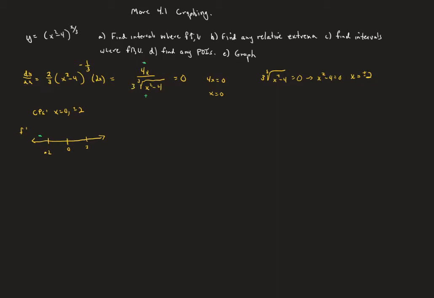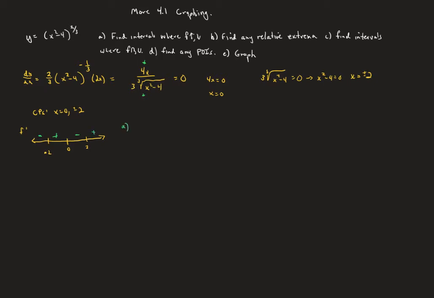Negative 1 squared minus 4 is negative 3, and the cube root of a negative is negative, so the denominator is negative. A negative over a negative makes the derivative positive. Plugging in positive 1 makes the numerator positive but the denominator remains negative, so the derivative is negative. To the right of 2, everything is positive, so we get a positive.